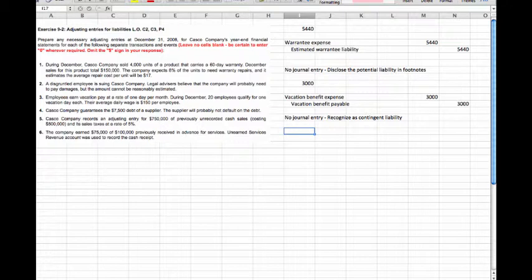Costco Company reports an adjusting entry of $750,000 of previously unrecorded cash sales, costing $500,000, and its sales tax at a rate of 5%. So the question then is, what do we have to recognize? We have to recognize that cash has occurred.